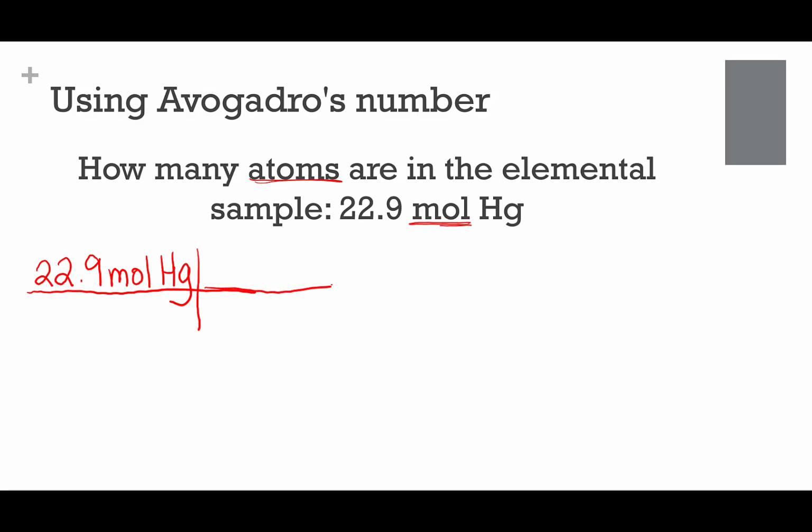With little to no thought, the unit that I started with is going to go diagonal or go on the bottom. So I'm going to put moles of mercury down here. And on the top is going to be my destination. So here I might have to look back at the problem. Where am I going? Yeah, I'm going to atoms. So atoms of mercury on the top.